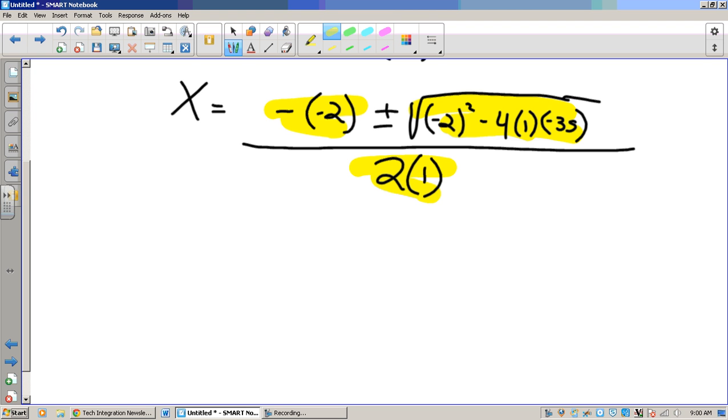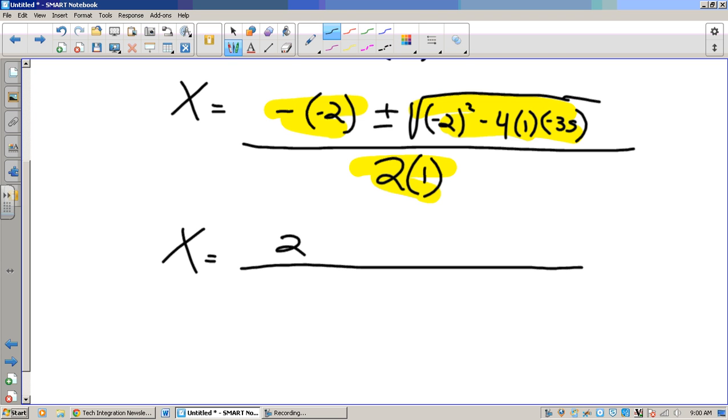Okay, so in this case, I've got -2, -2 is 2. Plus or minus the square root. And before I take the square root, I have to do the math under here. Okay, -2 squared is 4, +4, minus 4 times 1 is 4. What's 4 times 35? Is that 140?